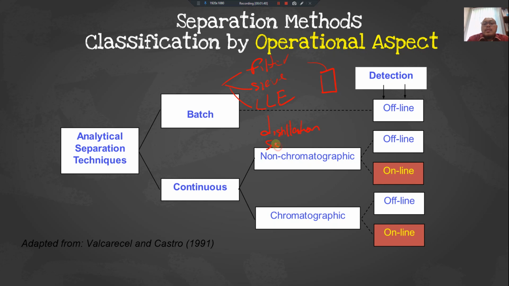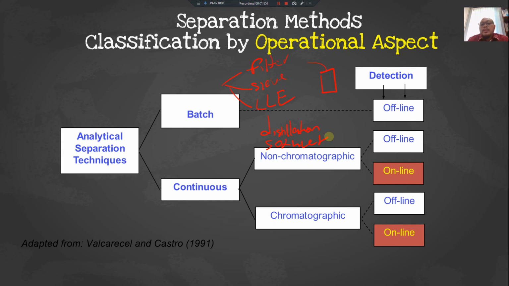That is continuous, non-chromatographic, and it can be either automated for the detection system or not.